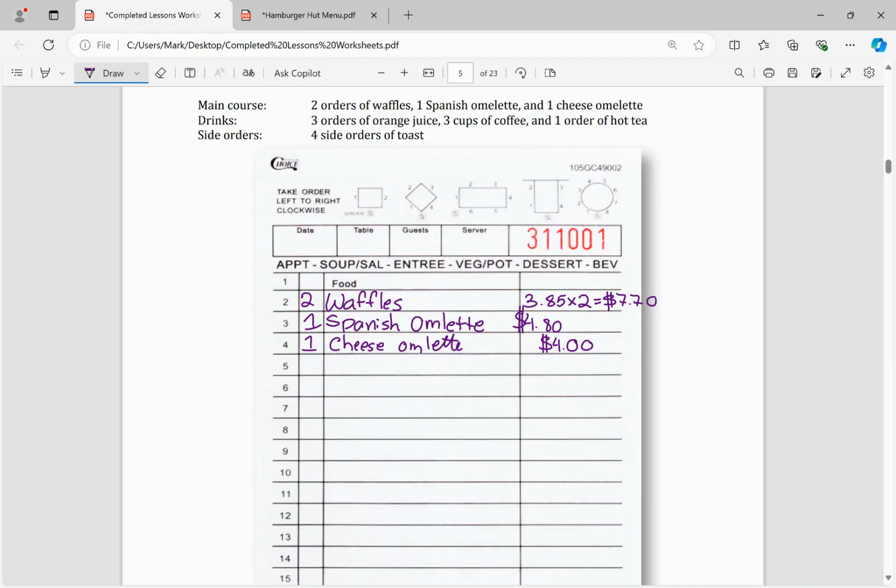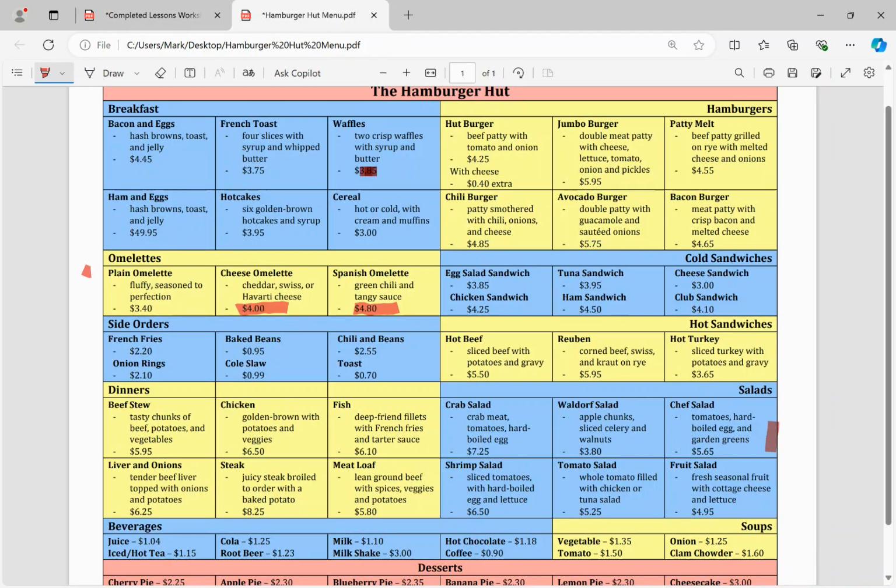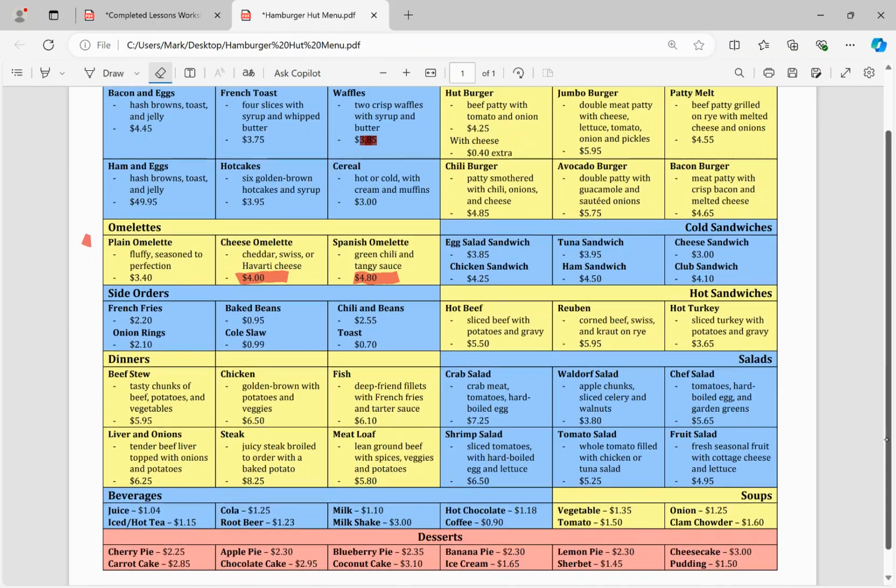We have 3 orders of orange juice. We have 3 cups of coffee. And we have 1 order of hot tea. Let's start with the orange juice. On our menu, let's scroll down to find the drinks.